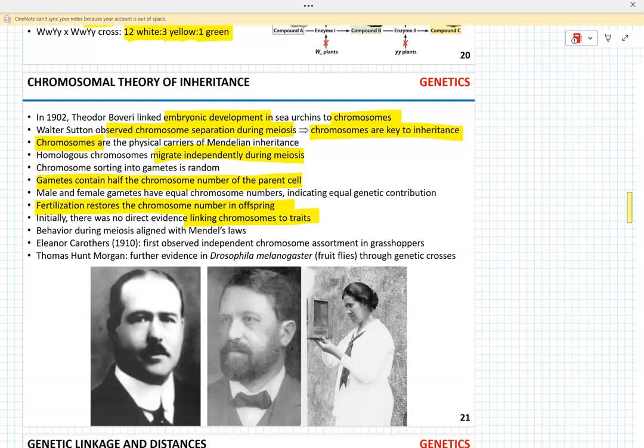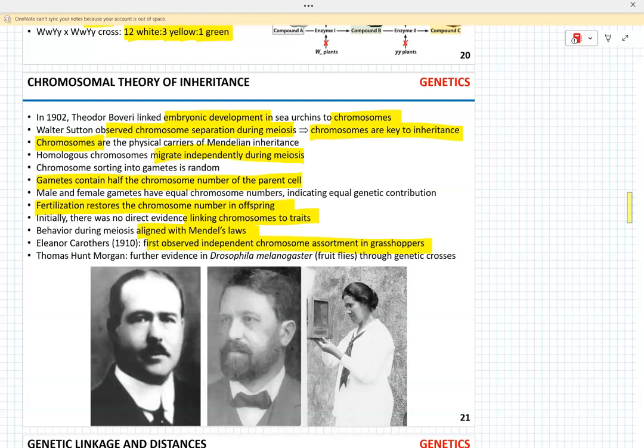But first of all, the behavior of chromosomes during meiosis fully confirmed and corroborated Mendel's laws of inheritance. And the first person to observe the independent assortment of chromosomes was Eleanor Carothers, who saw it in grasshoppers.